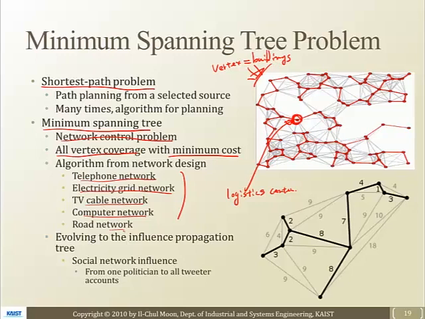If we can measure the friendship strength between two persons, then we have a social network like this. Given a certain politician, how much will it cost to control this whole social network? That's been another problem recently.